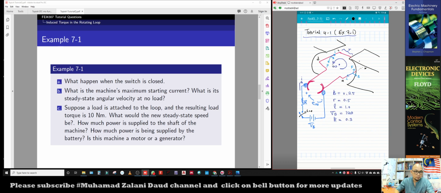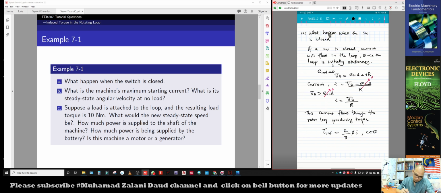All right, so we can also continue to write that this torque produces an angular acceleration of ω_m, angular velocity, sorry, ω_m, in the counterclockwise direction, in CCW.